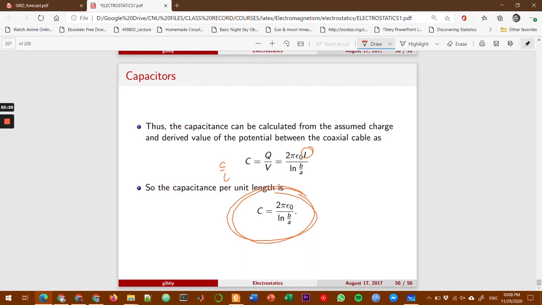So that's it, class, for this topic, work and energy in electrostatics. We were able to successfully calculate, given the system, the energy configuration for that system, and we also successfully calculated the electric field and the potential.